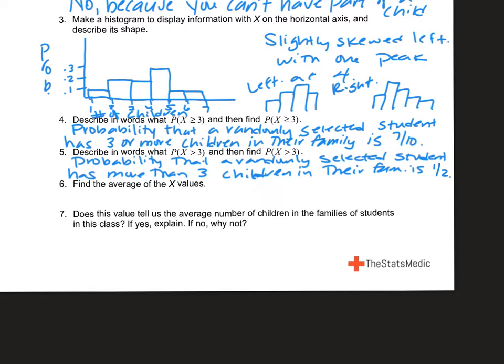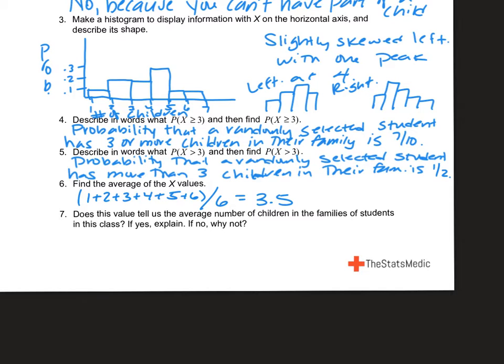Now, we need to find the average of the x values. So the average of the x values would just be adding all of them together and dividing by 6, right? Which should give us 3.5.